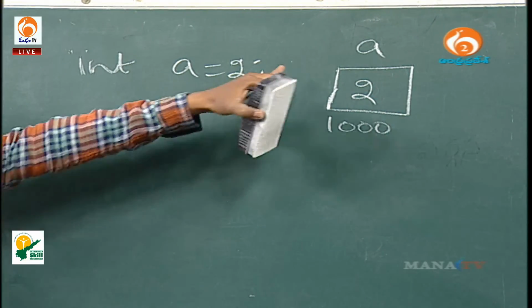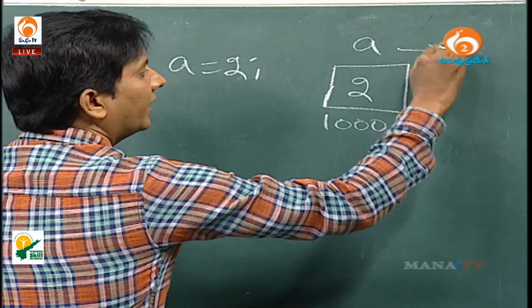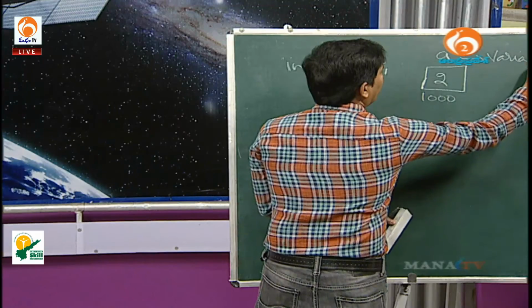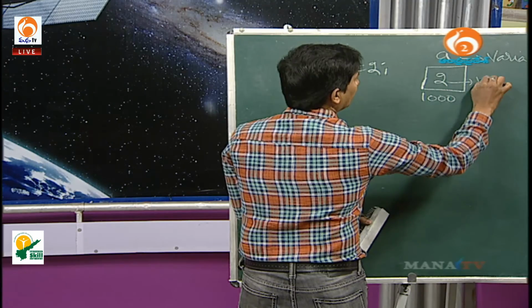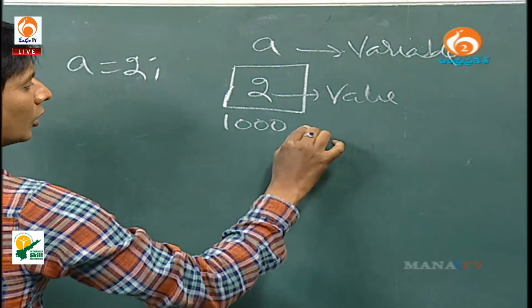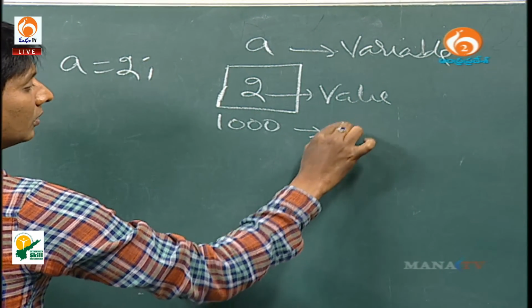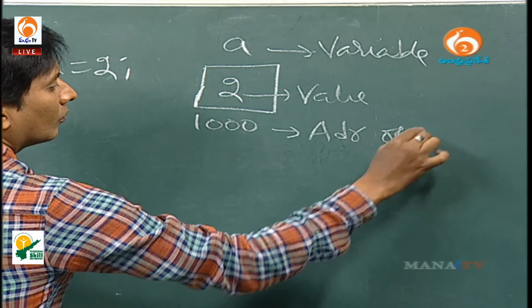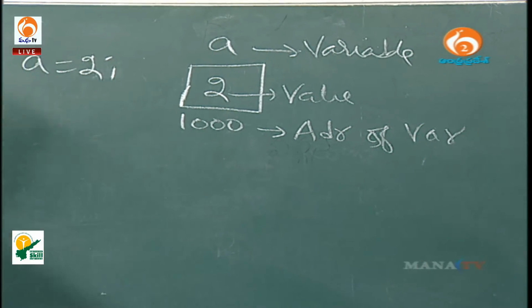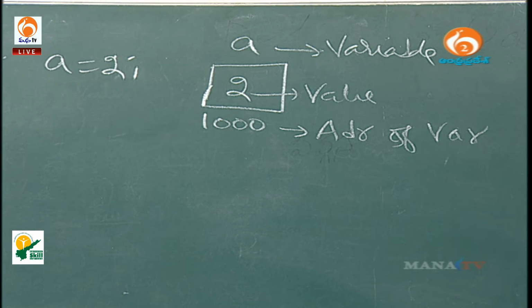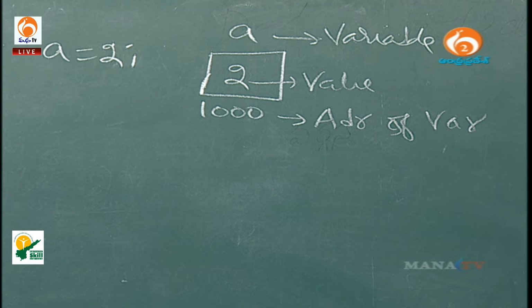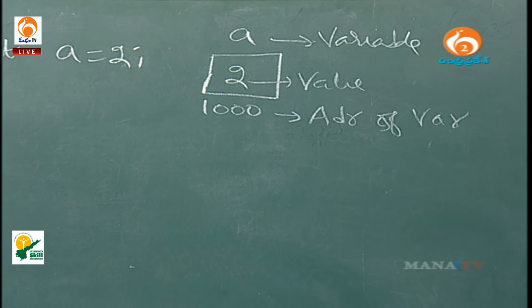Here a is the variable name, this is the value of the variable, and this is the address of the variable. We know this. Here a is a variable of type integer, and a stores the value.